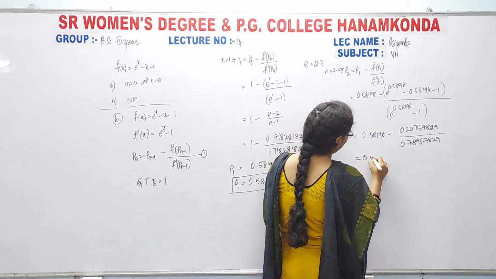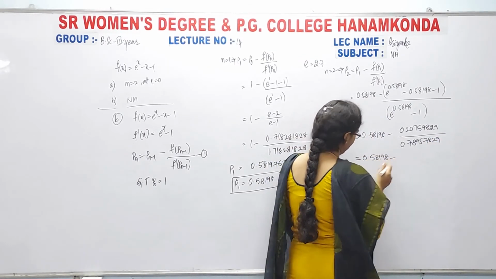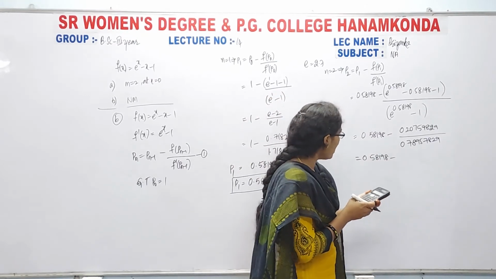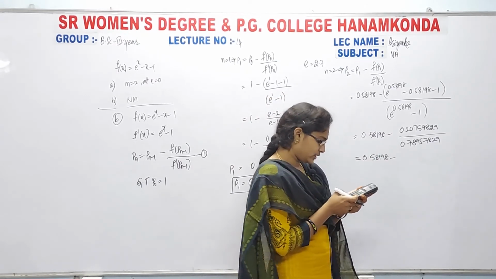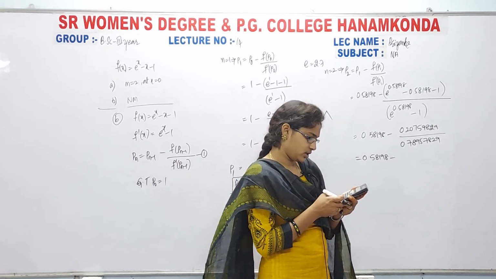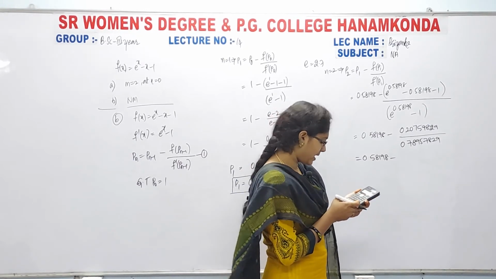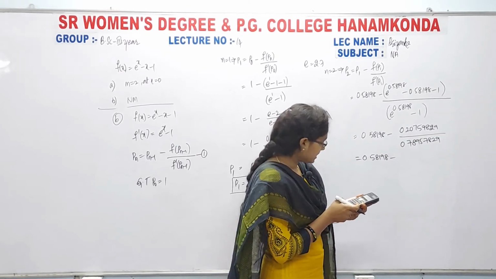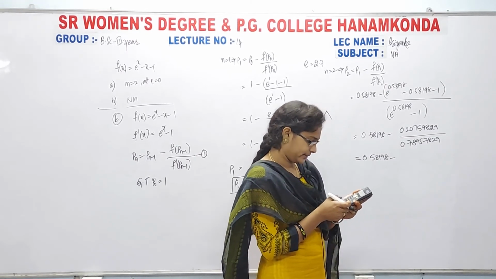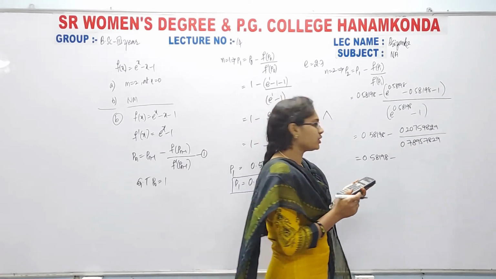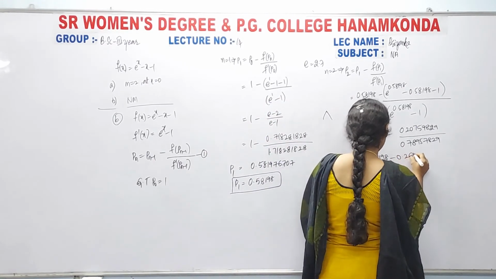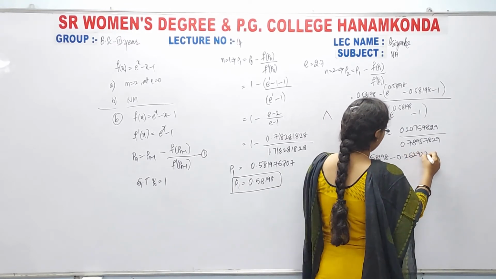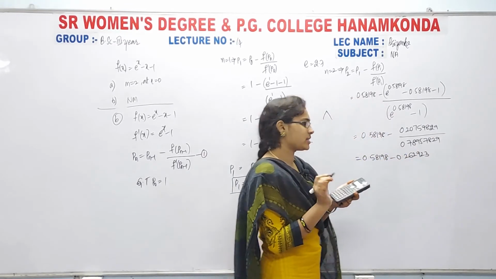Now 0.58198 minus, I am calculating this one, 0.20759829 whole divided by 0.78957829, which gives 0.262923. Approximately I am taking.